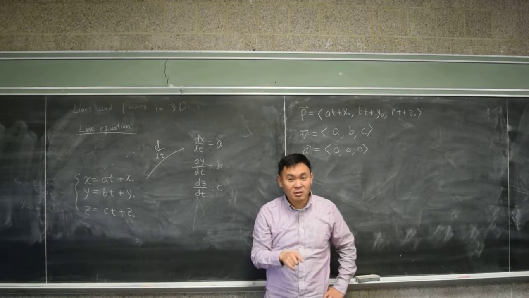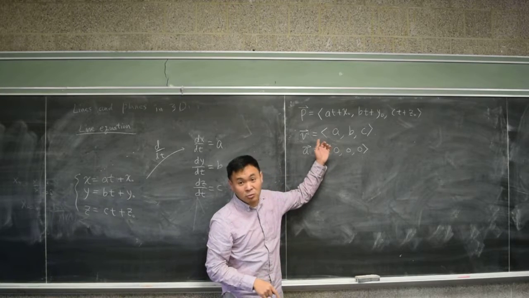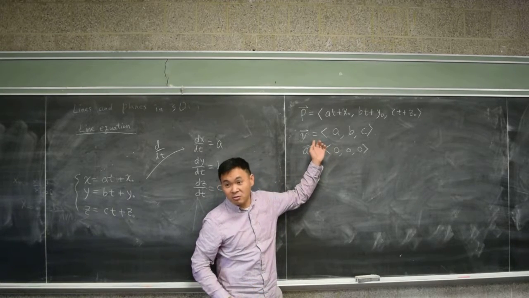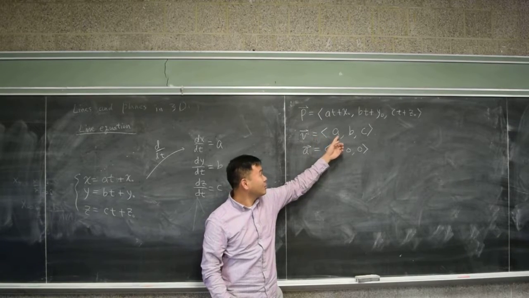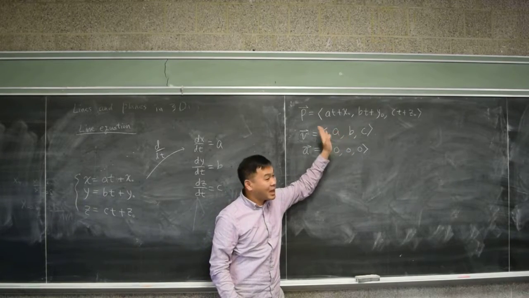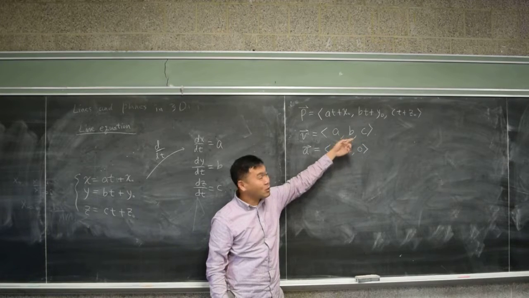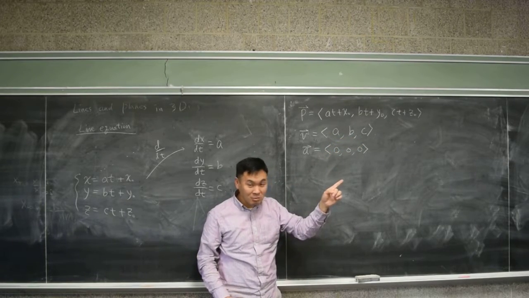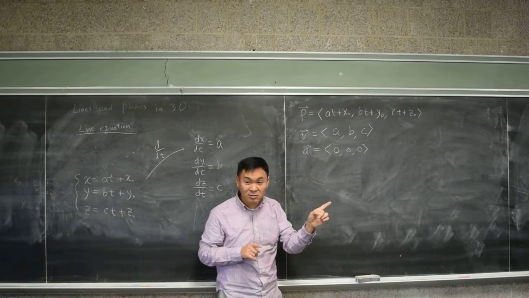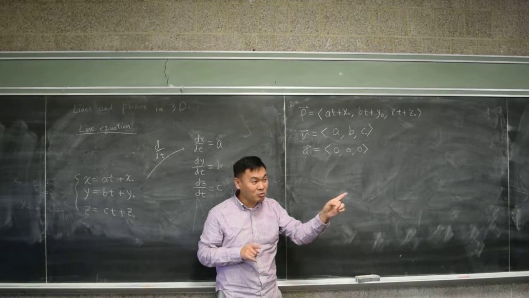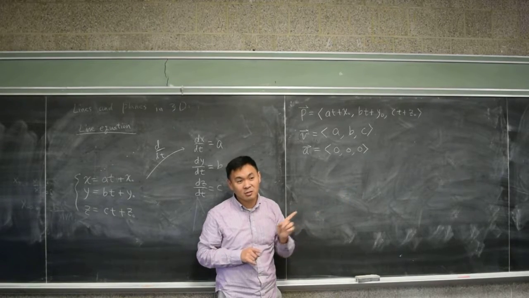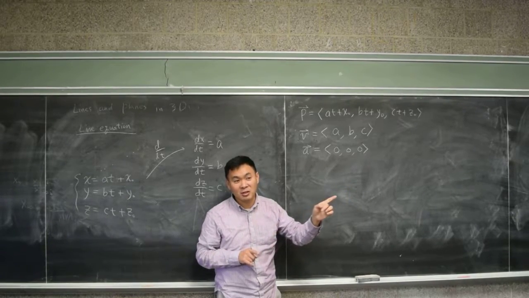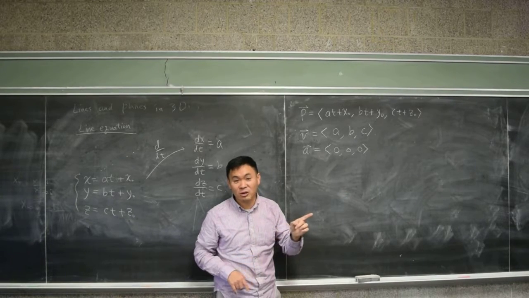Okay. So what do we have? Do we have a constant speed motion or a constant velocity motion? This is a constant velocity motion because not only is its magnitude not changing, the direction is not changing. It's always this a comma b comma c. It's moving in a fixed direction. Therefore, what can we say about its trajectory? What kind of trajectory could it be if it's never changing its direction? Straight line.